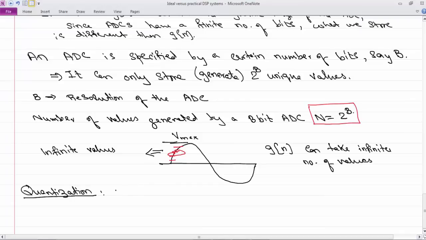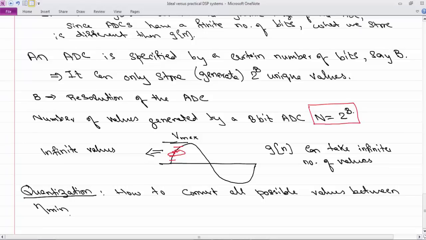Quantization is the process by which you convert all possible values between the maximum and minimum range of the ADC, between eta min and eta max, into 2 to the b numbers.